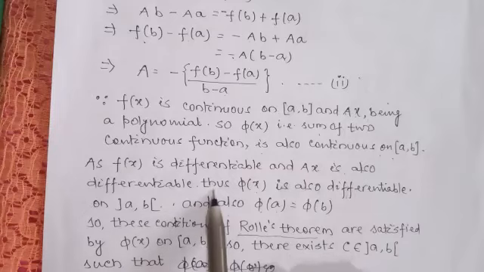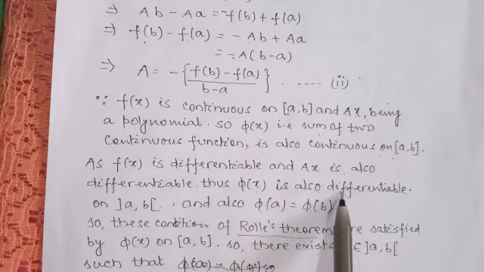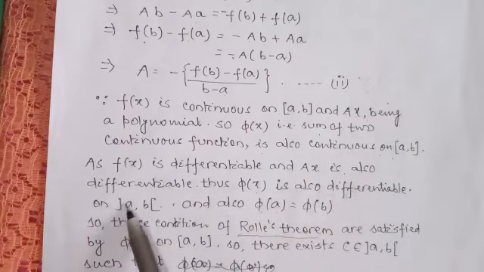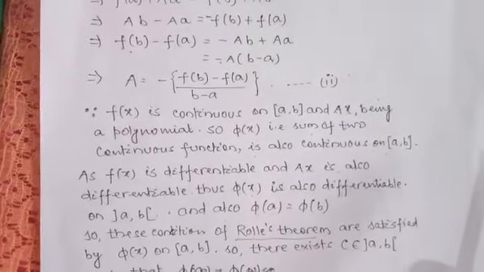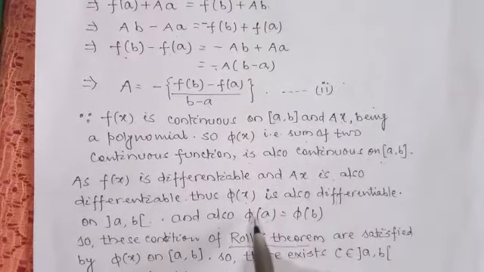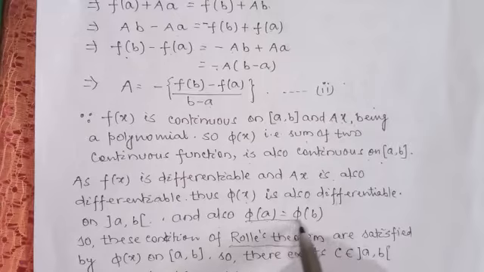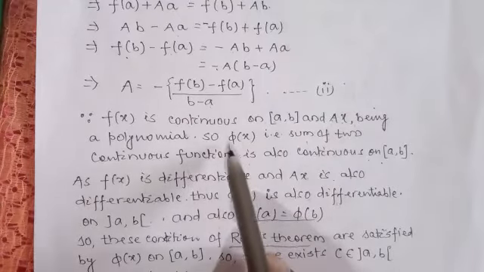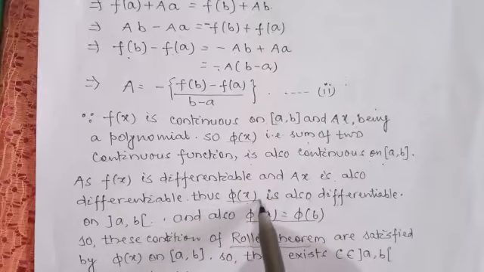Thus phi(x) is also differentiable on the open interval (a, b). We have considered initially phi(a) is equal to phi(b). Now children, phi(a) is equal to phi(b), phi is continuous, and phi is differentiable.